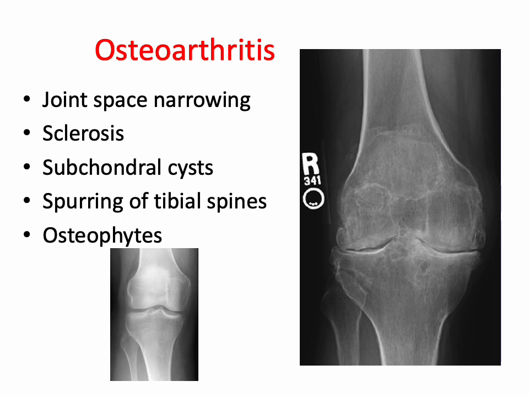Osteoarthritis, again, can occur around the knee. Similar findings to where you'd see osteoarthritis elsewhere, where there's joint space narrowing, subchondral sclerosis, subchondral cysts, osteophyte formation, and spurring.